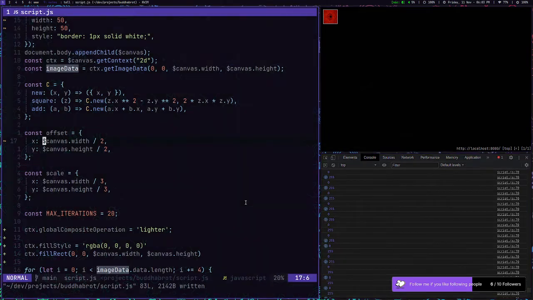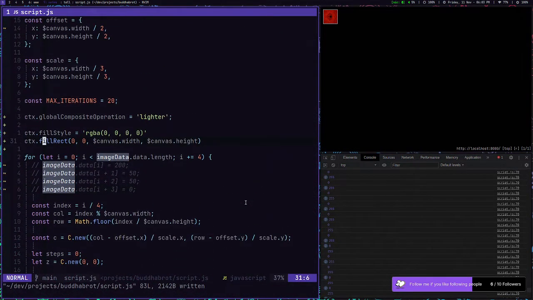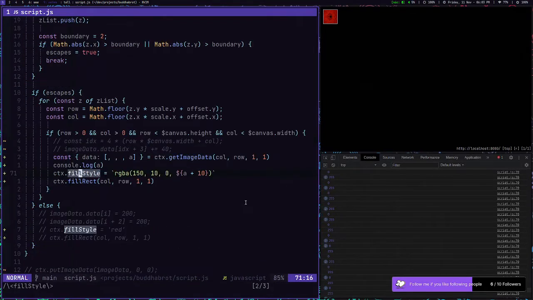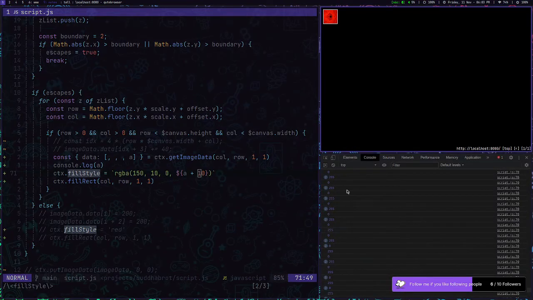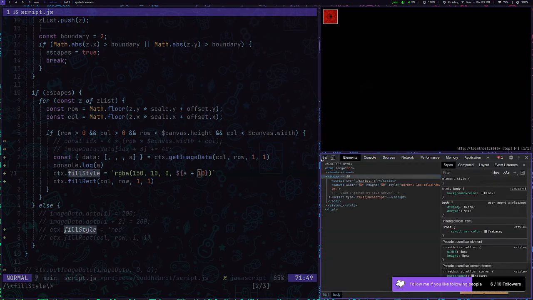Oh, wait, RGBA. Does this syntax take in 0 to 255 or 0 to 1? Should we just test this out? Let's set the background here.